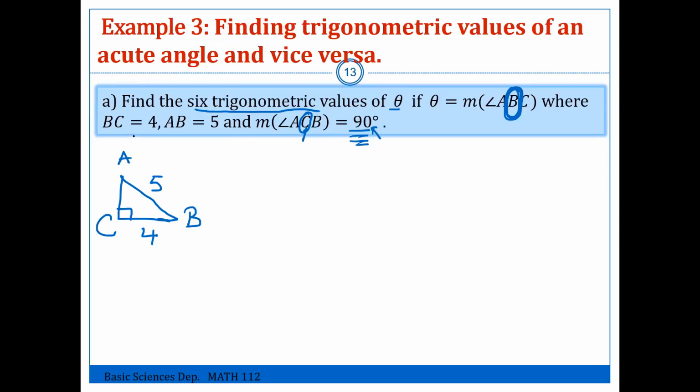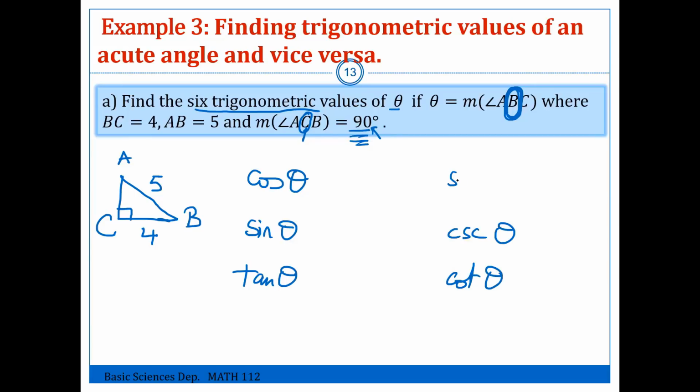Okay? If you are given 3 quantities, you can find the 3 others. مش هذا المطلوب. المطلوب the 6 trigonometric values اللي هم الكوساين، الساين، التان، الكوتان، الكوسك والسك.